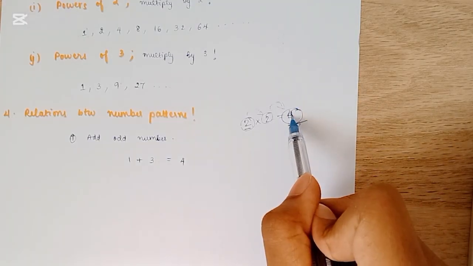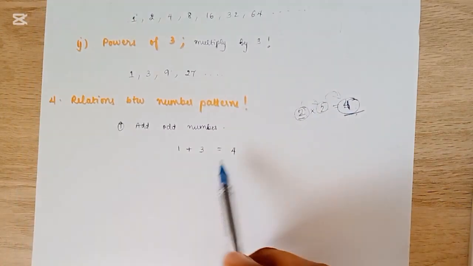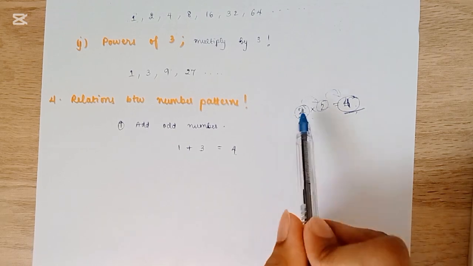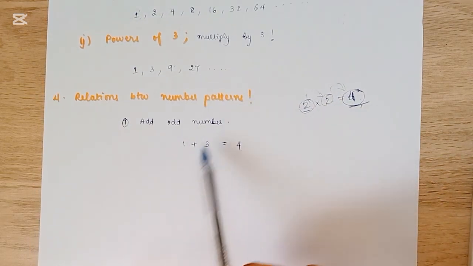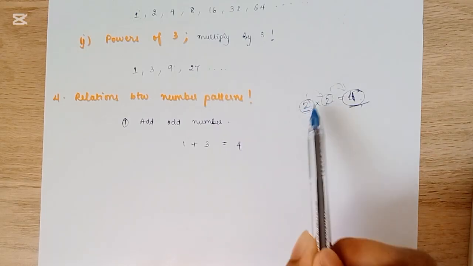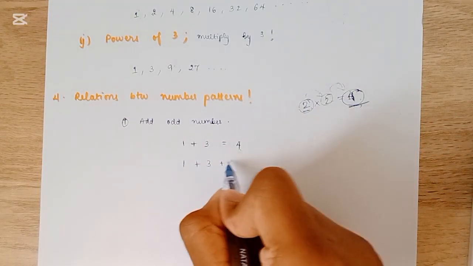This number is called the square number. Since the square number is 4, the number which gave you the square number here is 2. So 4 is the square number of 2, right? So that is what is meant by adding odd numbers. Whenever you add odd numbers, you will get square numbers because 4 is the square number of 2.